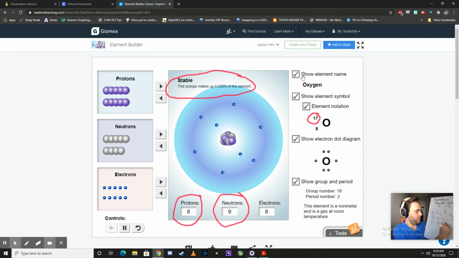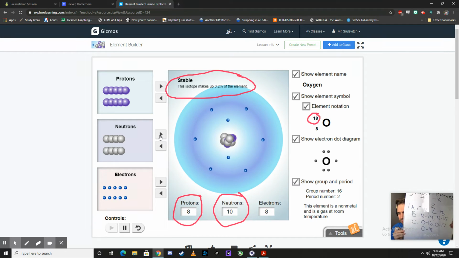O17, that is stable as well. Add another neutron. That one is stable too. So we have 3 for oxygen. Oxygen 16, 17, and 18. So to write the notation, just O dash 16, O dash 17, O dash 18, and same for carbon and nitrogen. C dash 12, C dash 13, N dash 14, N dash 15.